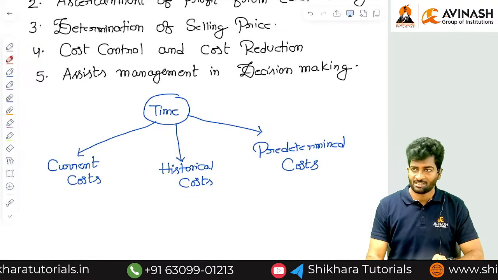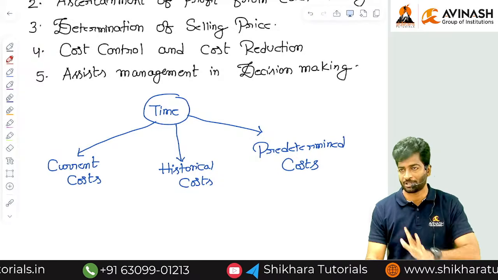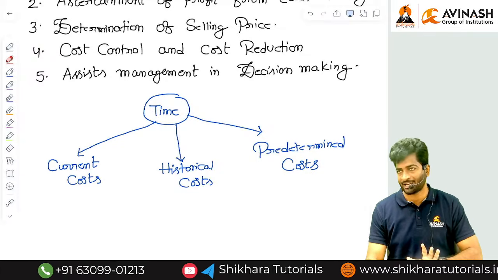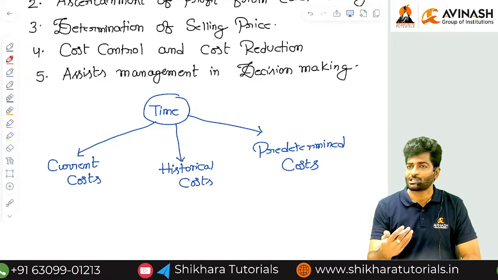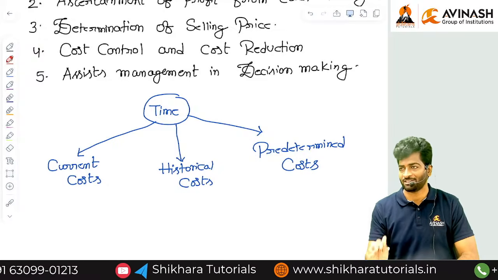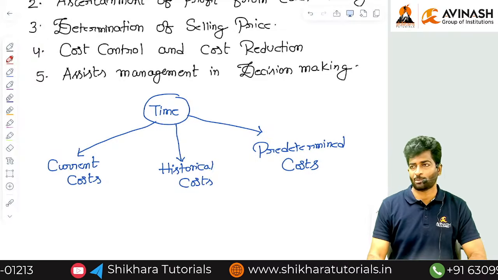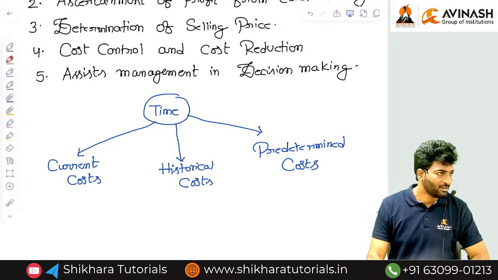This current cost is incurred only because of selecting that option. If you are not selecting that option, you will not incur this cost in the current period. This is the out of pocket expenses if you make that decision. If I'm going to ignore that decision, I'm not going to have this from my pocket. Clear? This is the out of pocket expenses.